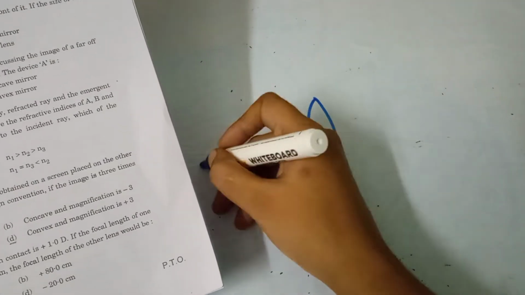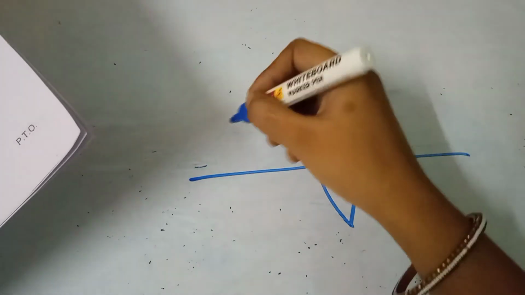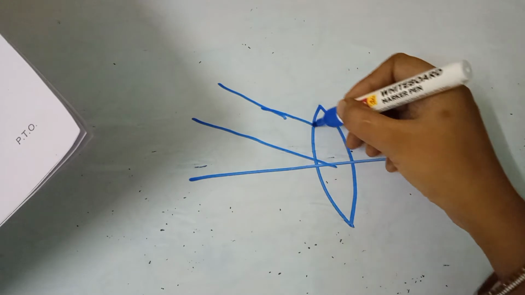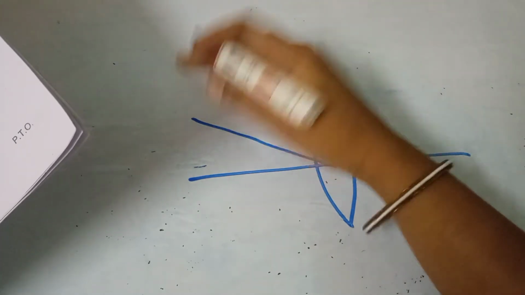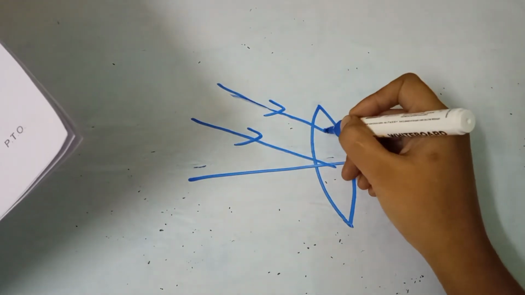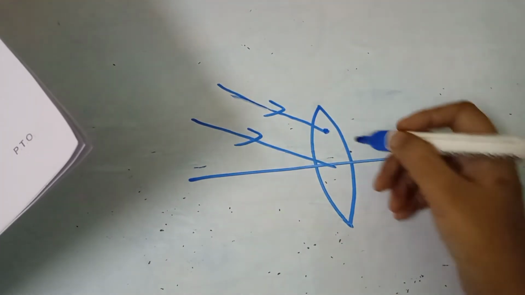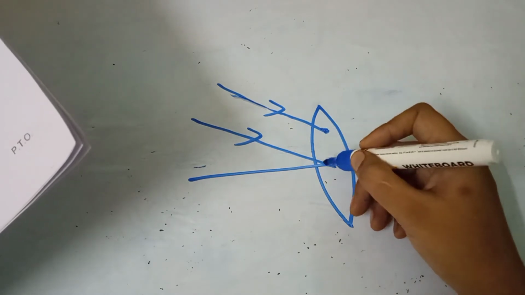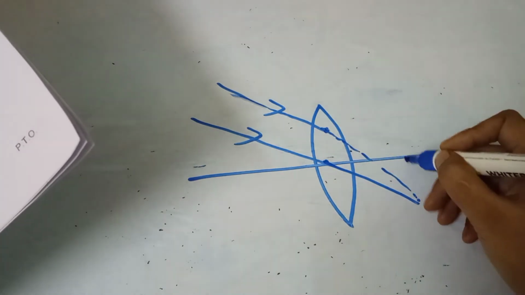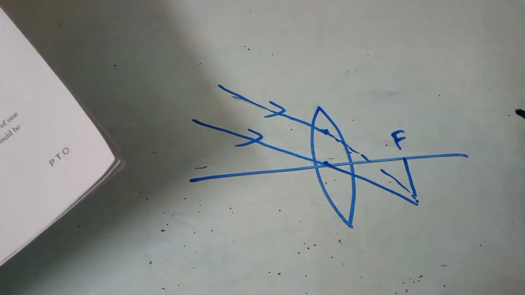From the far object, the rays are parallel to each other, and the image is forming at the focus.